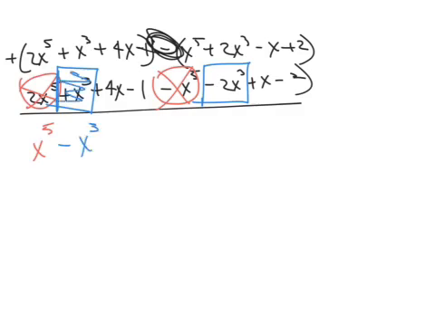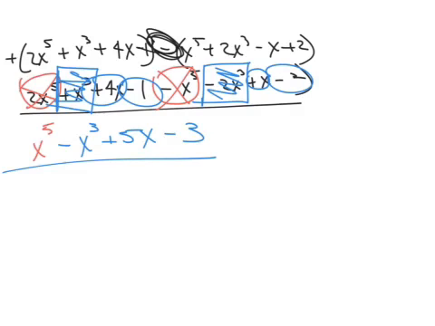And then I have a positive 4x and a positive x, so it's going to give me a 5x. I have a negative 1 and a negative 2, which is going to give me negative 3, and that is it. I've combined all my like terms, and I've written them in descending order. Remember, descending order means the biggest x first down to no x's in that order.